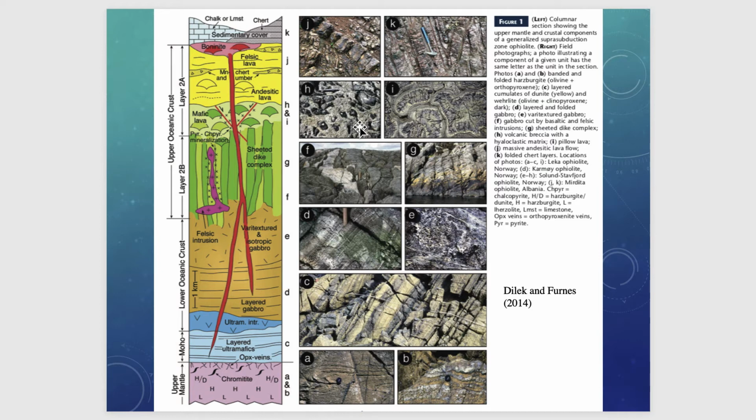In J and K we have indications of changing composition. So we go from these mafic lavas that are dominated by basalts into more cherty lavas or quartz-rich lavas, which are andesitic composition as well as more felsic composition, such as dacites and rhyolites.